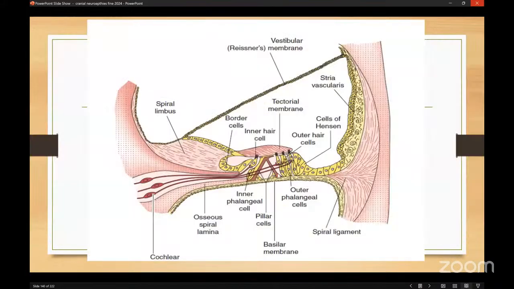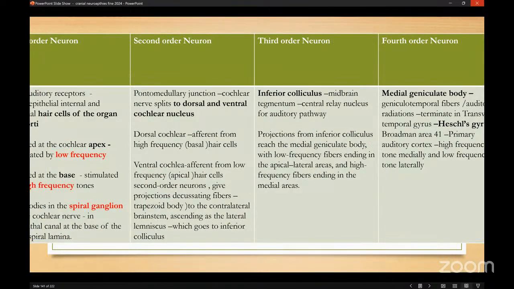Then from the cochlear nuclei, that is the dorsal and ventral cochlear nuclei, through the trapezoid body, then through the lateral lemniscus, it goes to the inferior colliculi. That entire thing is the second order neuron.